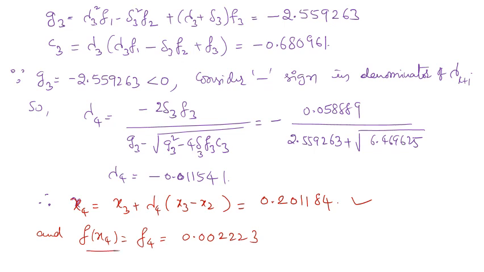See, f of x4 means substituting the root x4 in the function. So the function value is going to 0. Observe this point. Okay, next, third iteration, the final iteration. Up to 3 iterations we have to do as per the question.